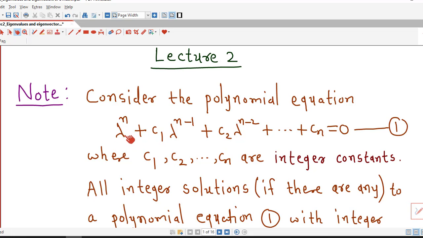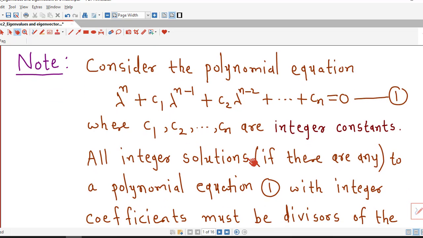Then if there is any integer solution of this equation 1, that is, any integer value of lambda which satisfies this equation, then that integer solution must be a divisor of the constant term cn.